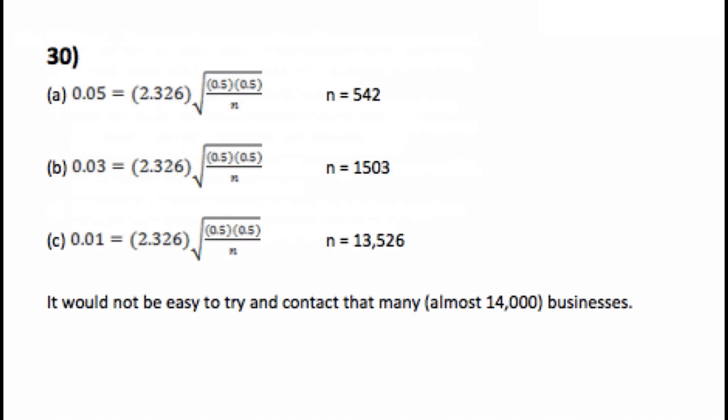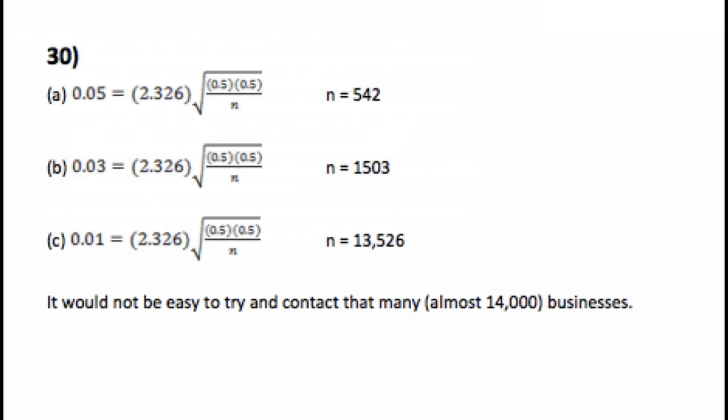They wanted it at 5%, so I'm going to set up the same thing, z-star times the square root of p hat times 1 minus p hat over n. They didn't give us any sample proportion, so we would use 0.5. I'm not sure why this is so blurry, but I'm sorry. And when we work this out algebraically, we get n equals 542.